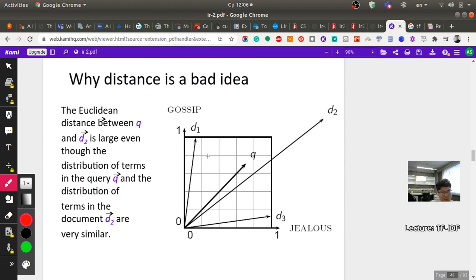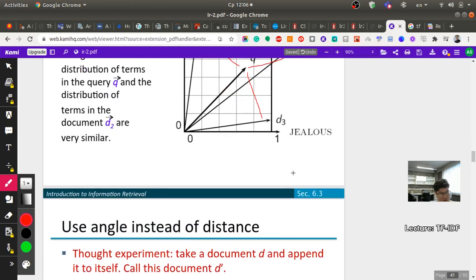Are two documents the same or not the same? For example, Euclidean distance, this is document 1, document 2, document 3. If you use Euclidean distance, this is a new document and you want to measure which of them is nearer. Euclidean distance is the distance between these points. You will see that D1 is actually nearer to Q than D2.